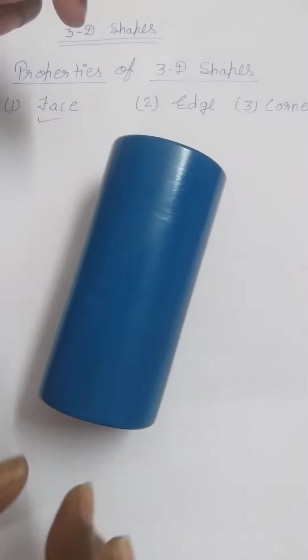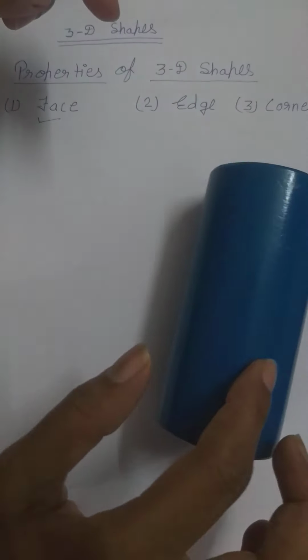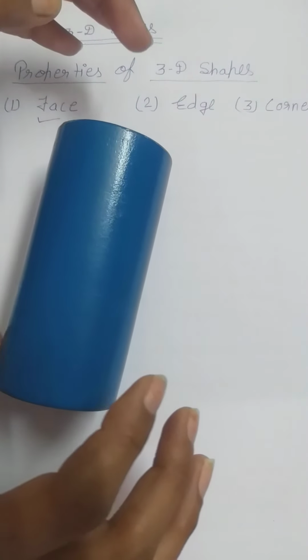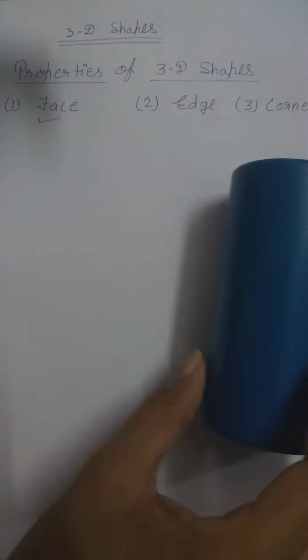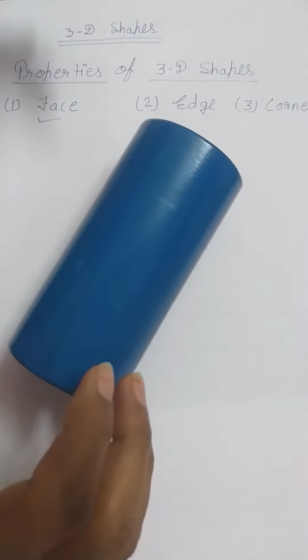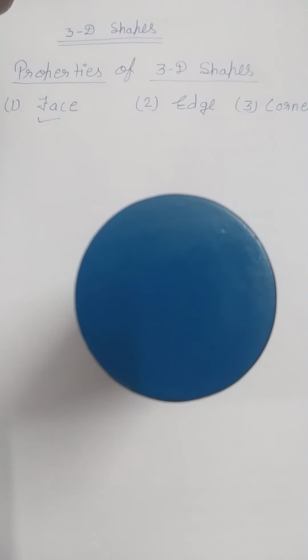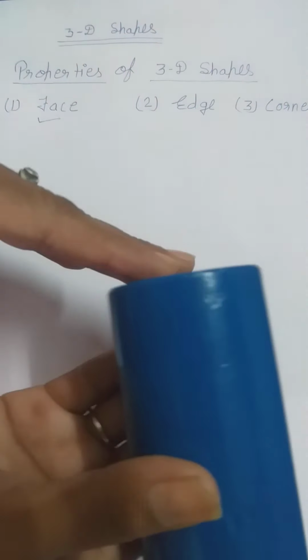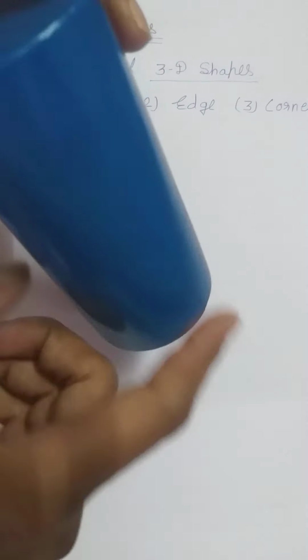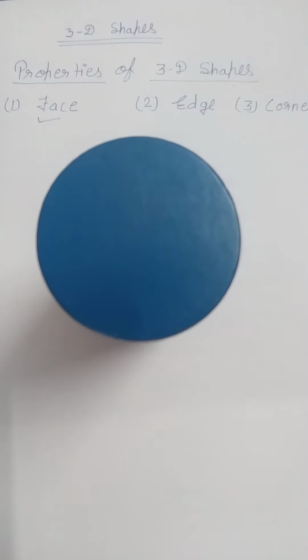In another shape like a cylinder, we can put it in 2 ways, and this one is a curved face because it is curved and rounded here. We can put it like this also. So this one is a flat face and this one is also a flat face.